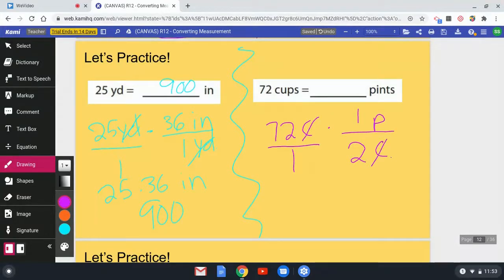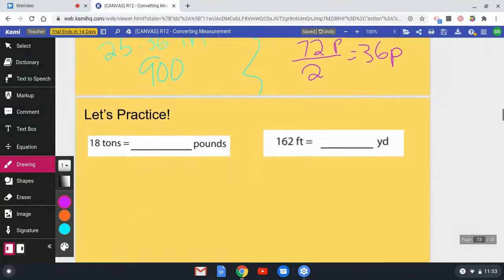And I have 72 times 1, which is 72, pints divided by 2. So use your calculator. 72 divided by 2, 36 pints. See how much easier this is when you use a calculator? I'm not too concerned about you using a calculator on these ones.